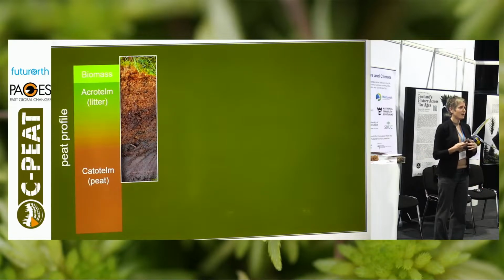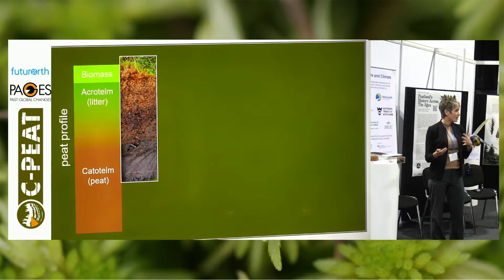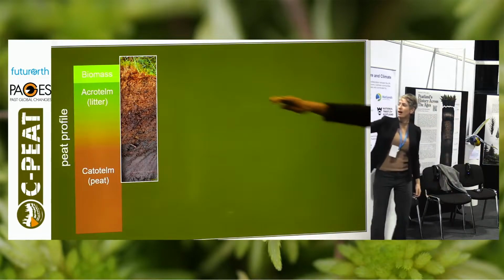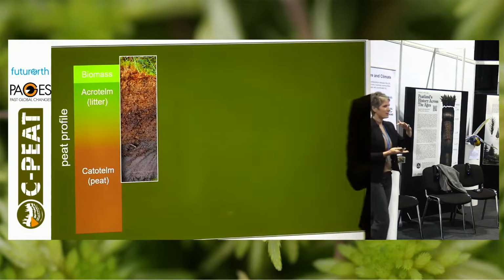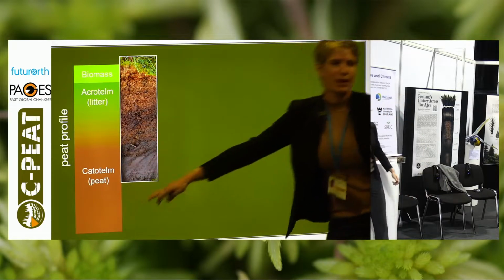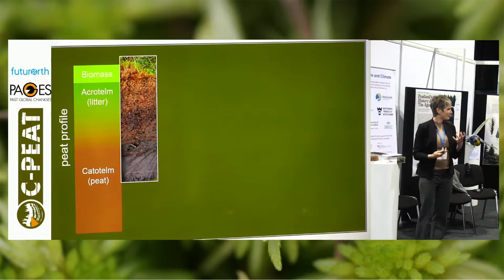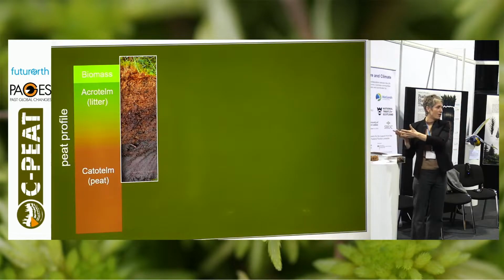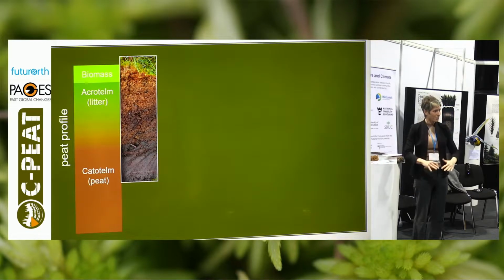Now, what we did from a modeling perspective to try and quantify this change and how it would impact the carbon sequestration is we look at the top, which we call the acrotelm, so that recent peat, and we look at the bottom part, the catatelm, which is that old, mucky-looking peat. We back calculate using the real cores how much production was happening many thousands of years ago, and then we can take the top of the core and we can forward model how much decomposition will happen in the next 200-300 years before it becomes old peat.